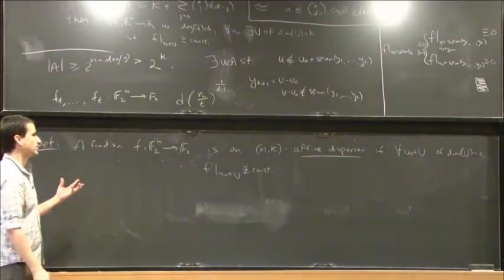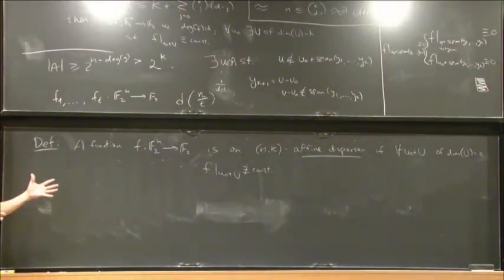Okay, so we want a function such that on any large enough subspace, the function will not be constant.